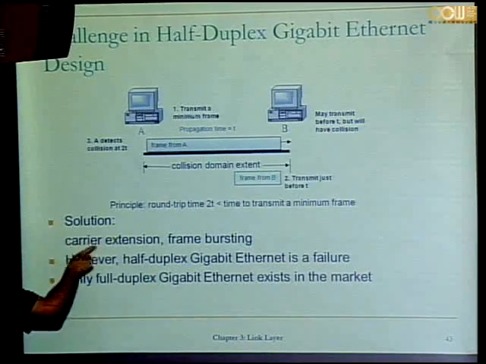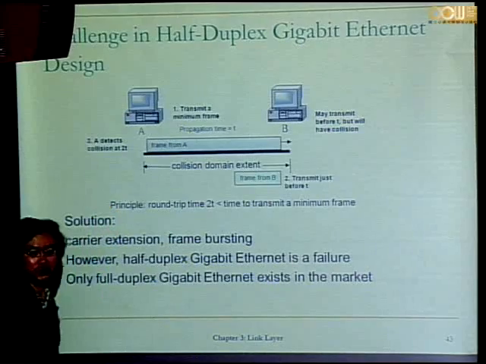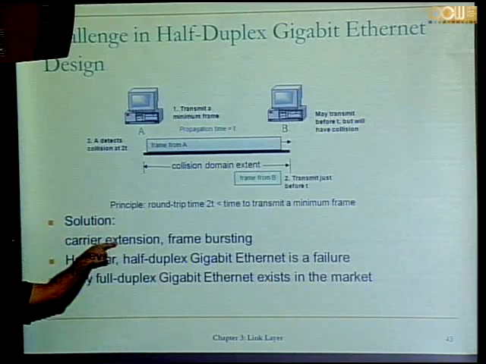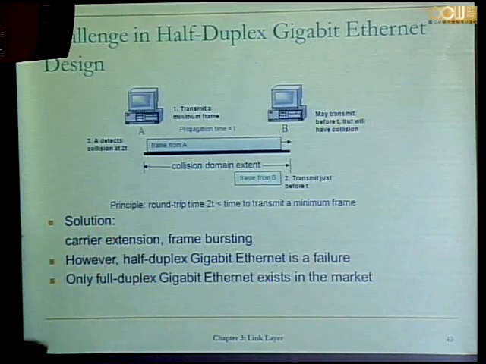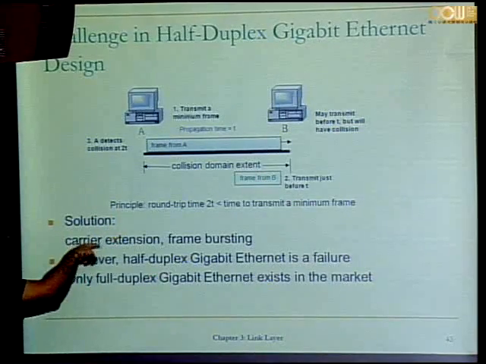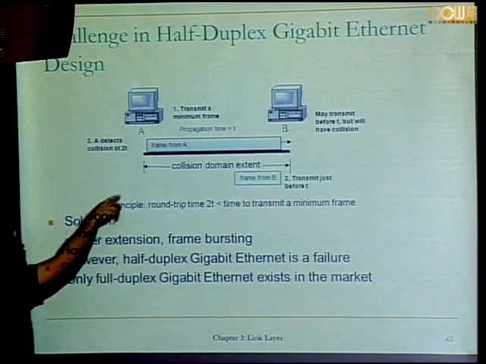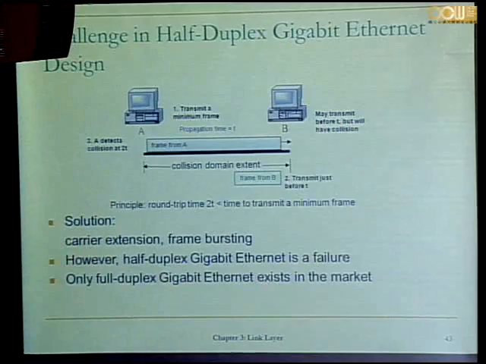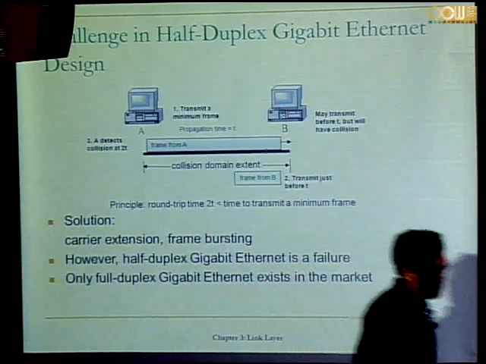And the solution is this. It says that if you send a frame that is short, then make it longer. How? Even if you finish the frame, still continue to send the carrier signal, sending some dummy signal, as long as you continue transmitting.